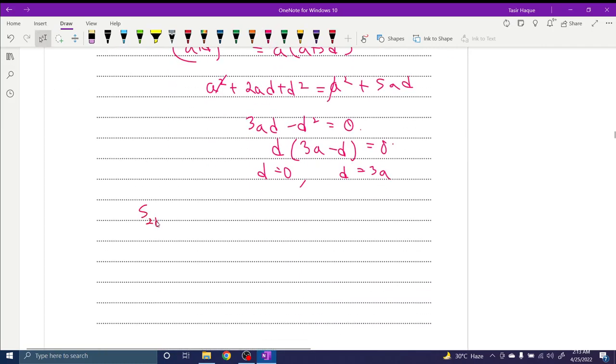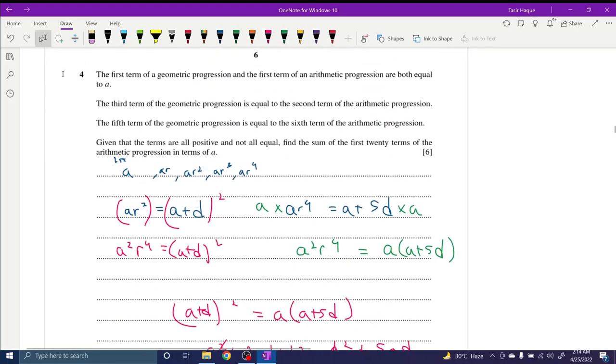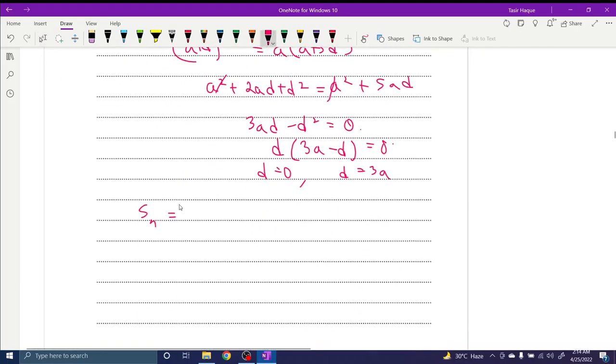Now what about the sum of the first 20 terms of the arithmetic progression, right? So the formula is n by 2 into 2a plus n minus 1 d, right? So S20 is going to be equal to 20 by 2 into twice a plus 20 minus 1 d.